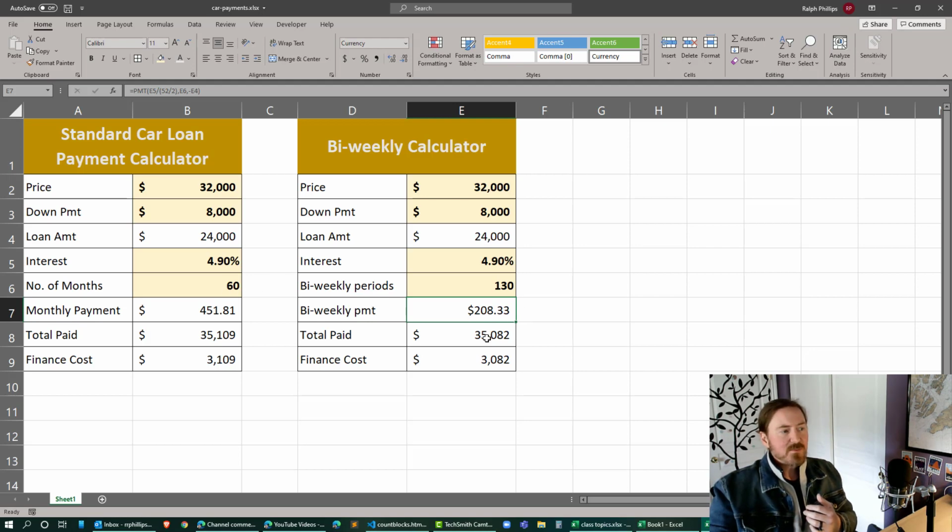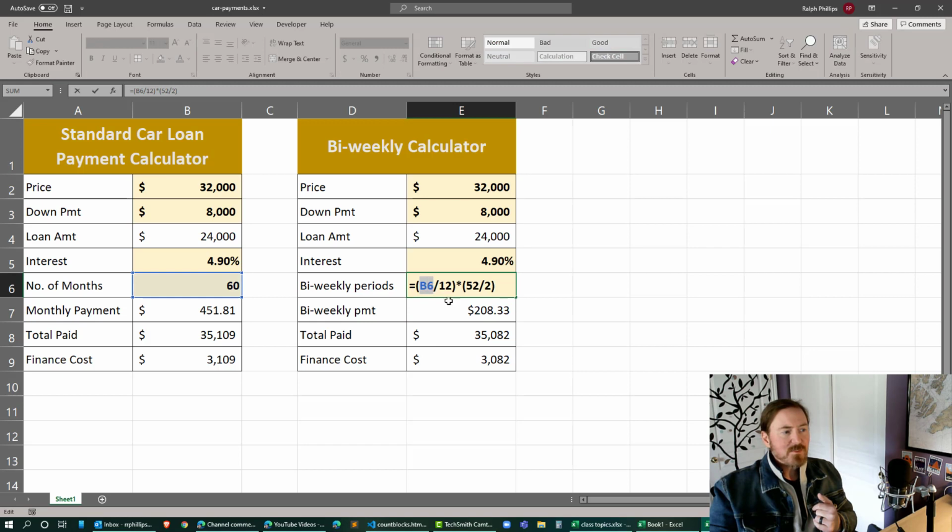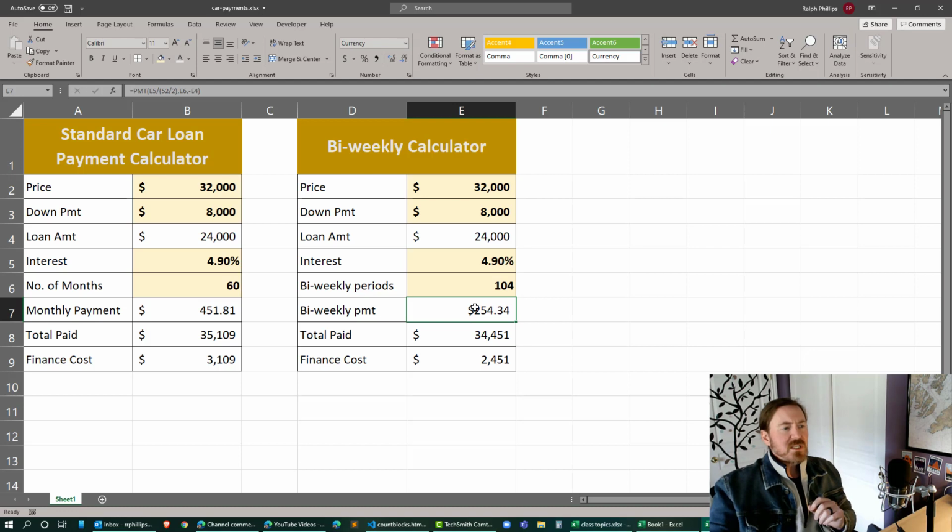Well, then instead of maybe 130 payments, maybe I'm going to pay this off in fewer bi-weekly payments. So maybe instead of 5 years, I'm going to change this B6 to 48, which would be 4 years, which means there's going to be 104 2-week periods, and my calculated payment is going to be $254.